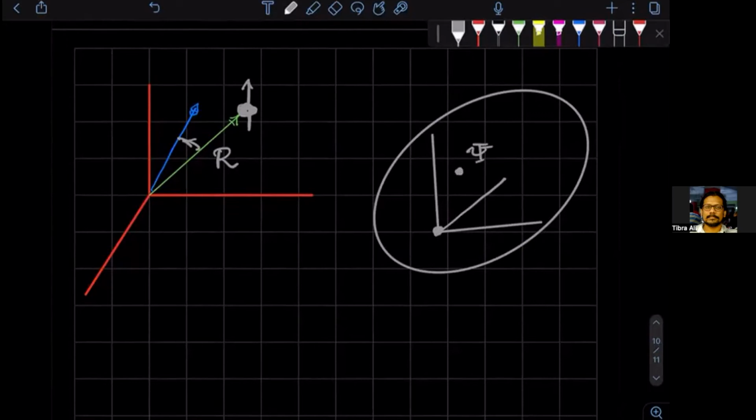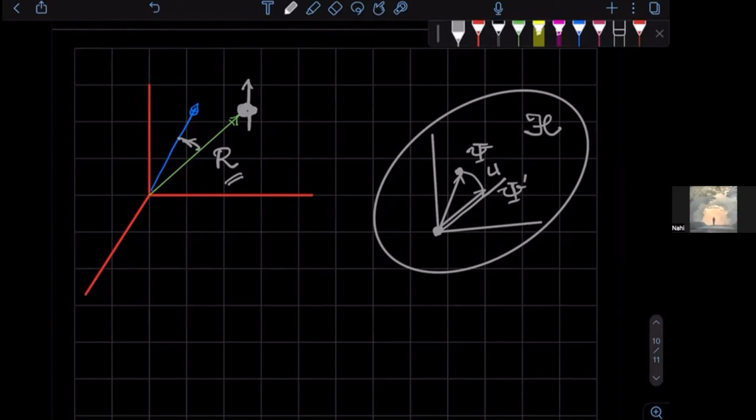Now, as you rotate in the physical space with R, the state vector on Hilbert space will change from psi to a new vector, psi prime. And this transformation that takes you from psi to psi prime will be U, which is an SU2 matrix. Okay, this is the quantum mechanical motivation for studying the relationship between SO3 and SU2.